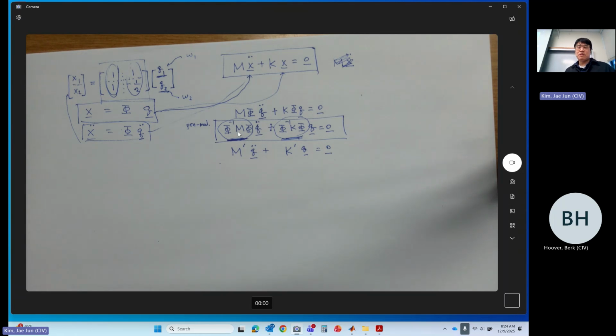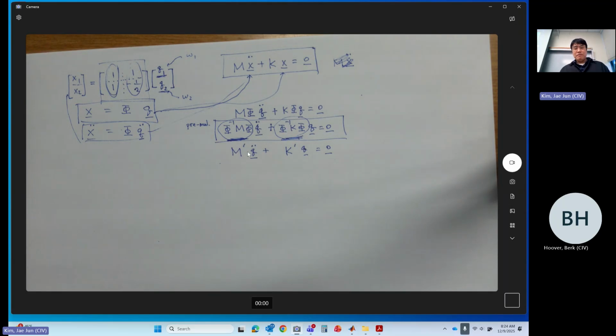So this will give you the same dimension, and by pre-multiplying phi inverse, you can come up with a new mass in a similar format. Similarity transformation, I think that's what it is called.